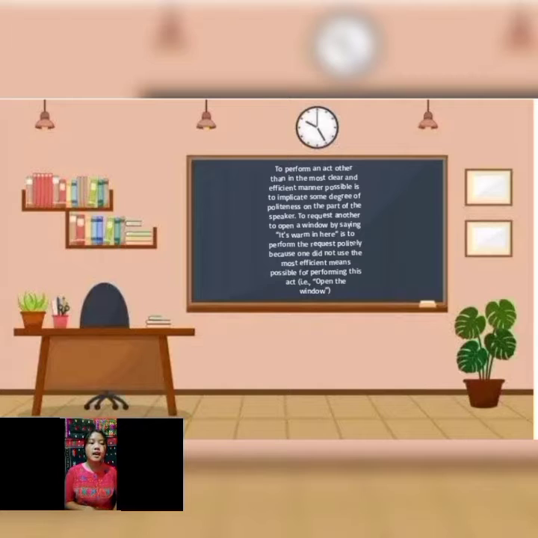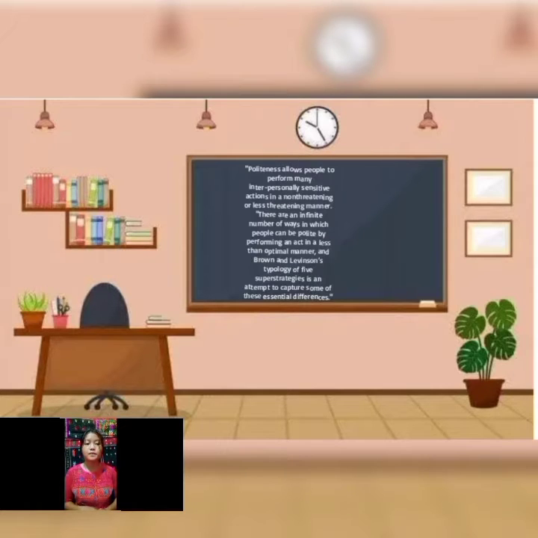To request another to open a window by saying, "It's warm in here," is to perform the request politely because one didn't use the most efficient means possible for performing this act: "Open the window." Politeness allows people to perform many interpersonally sensitive actions in a non-threatening or less threatening manner.